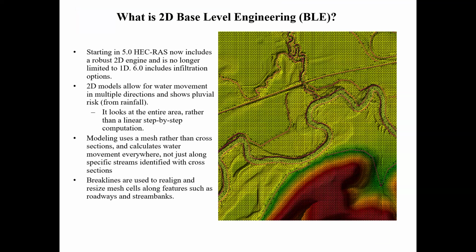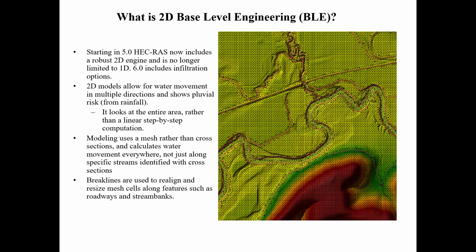As I mentioned, we have started using 2D mapping, and I'm not an engineer or anything, but it's a different way of modeling what happens as far as water movement. So it's not just along the stream channel, we're looking at how it moves in these different directions with these meshes, rather than cross sections, to calculate that movement everywhere and not just along the specific streams, as I said.